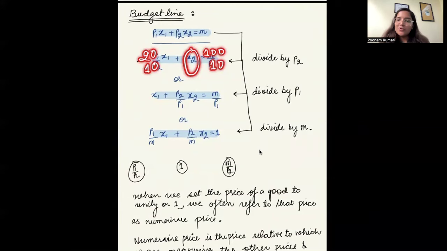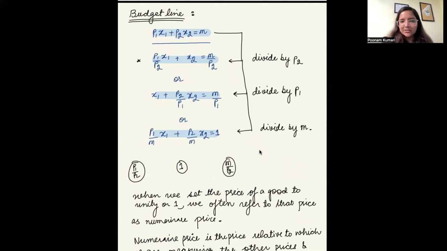So what happened? If we treat any one good as the numeraire good, that means its price is treated as unity, and all the other prices are quoted relative to that commodity, and your income is also now quoted relative to that commodity. This is just to simplify your life. You will see later on why this simplifies your life in later discussions, but you just need to understand this relative price, that's all.